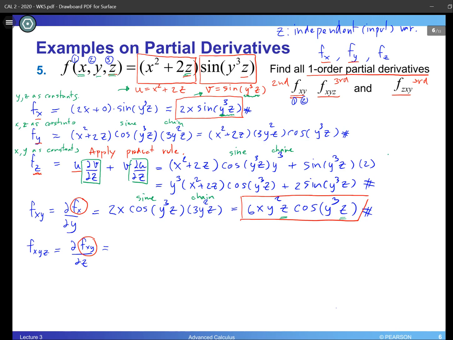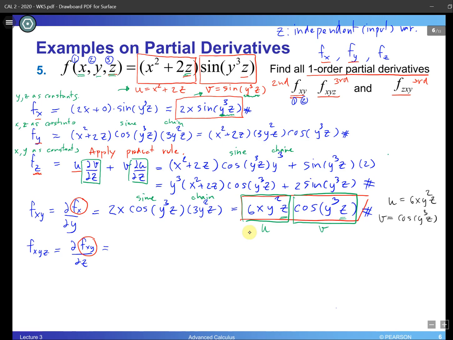And by the look of this, we see two terms that have z in it, and they are multiplied together. In other words, we have a product of two subfunctions. Products of these two, and each of these has z in it. So this has become u, and this has become v. So let's make a note here that for this case, u is going to be equal to 6xy squared z, and v equal to cosine of y cubed z.